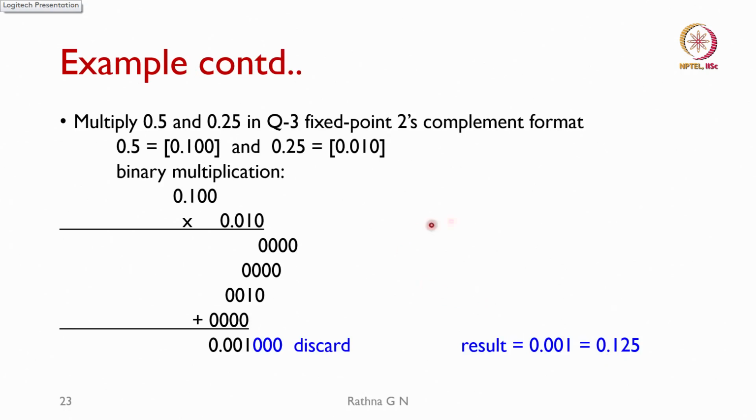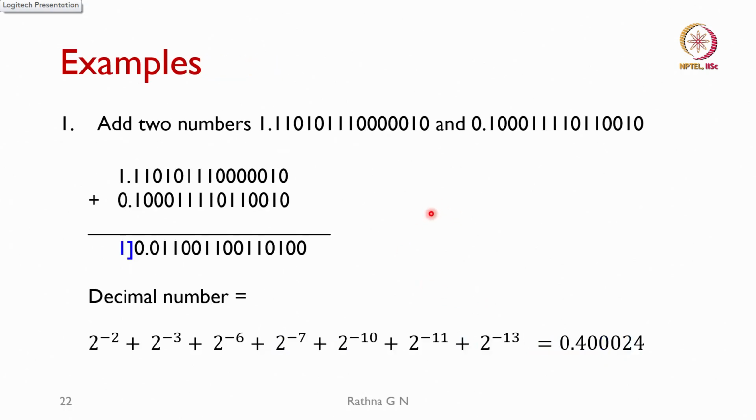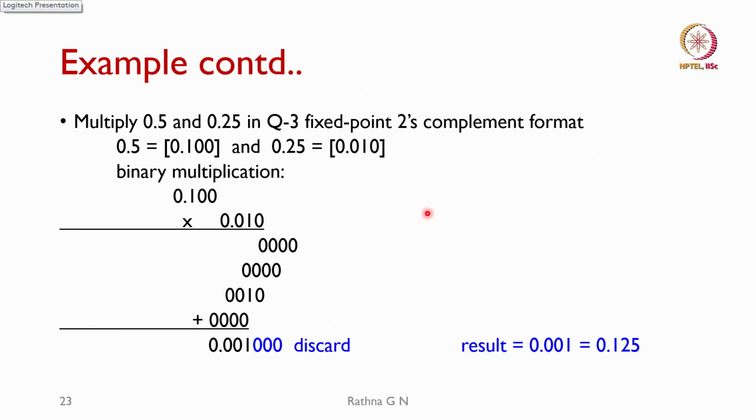And coming to the multiplication, what is going to happen? I have to multiply 0.5 and 0.25 in what I call Q3 format. That means I have 4 bits in the signed format for the multiplication: 1 bit for sign and 3 bits for my fraction.